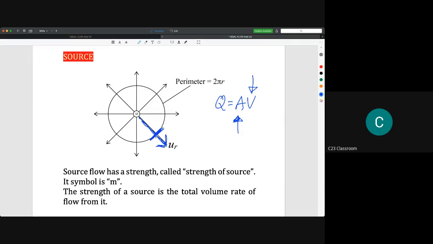Because it comes from one source and ideally, if friction does not influence the movement, the water will expand in a circle like this. So you need to take the perimeter of this circle as your cross-sectional area.